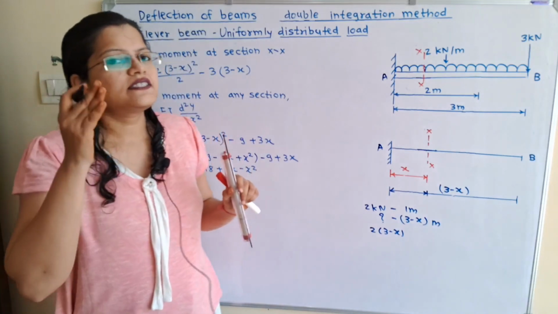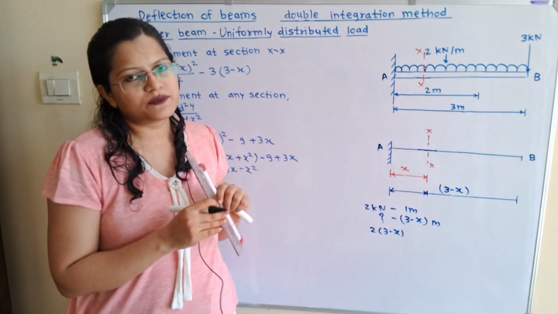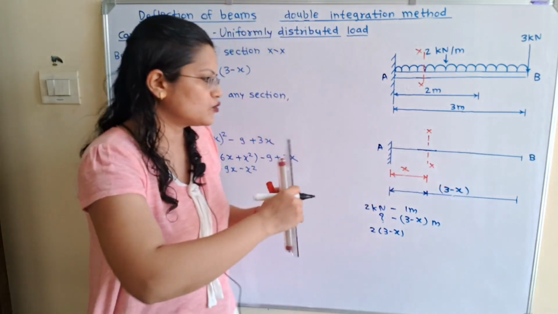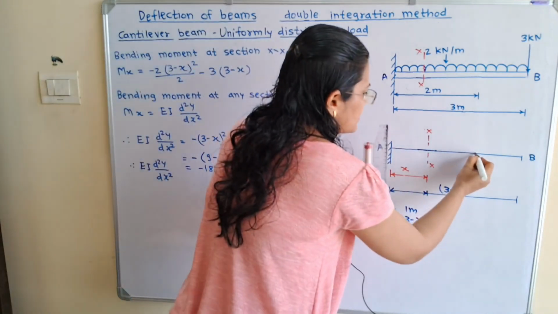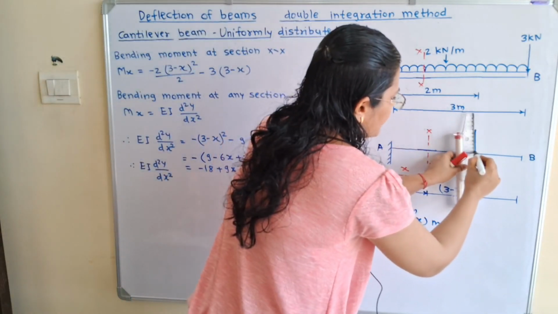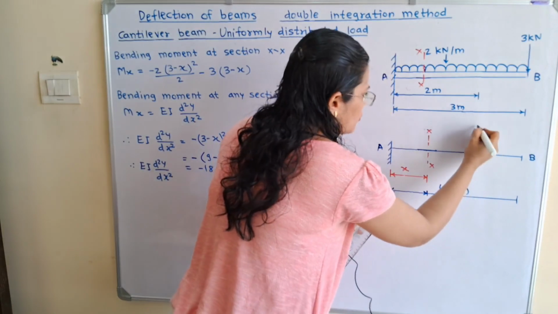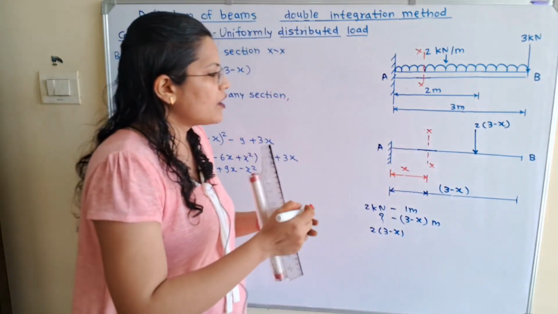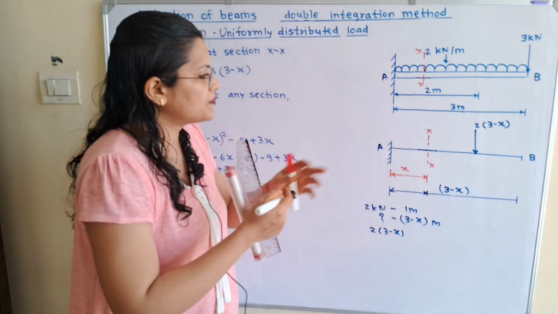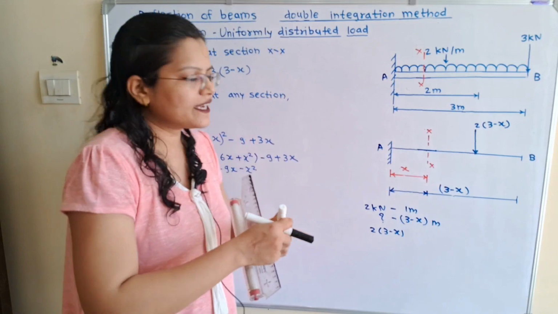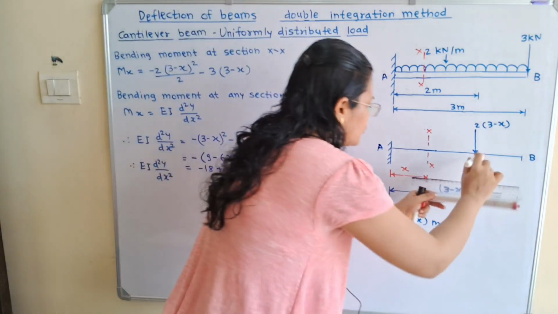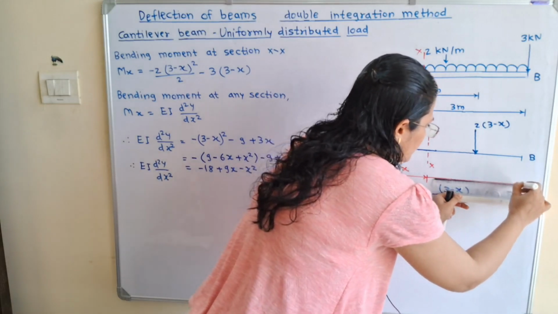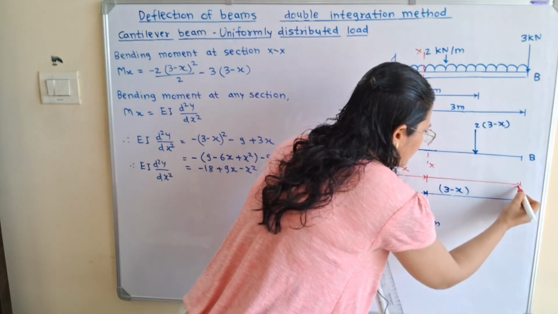So where is the point of application of this load? It is at the center point in between these 2 points. So I will select here one center point and I will show this load 2 in bracket 3 minus x. Now we will also show the distance of this point of application of the load.